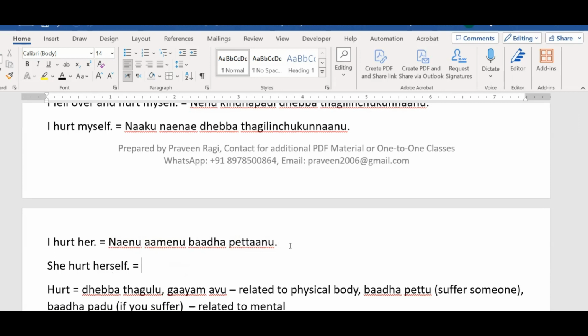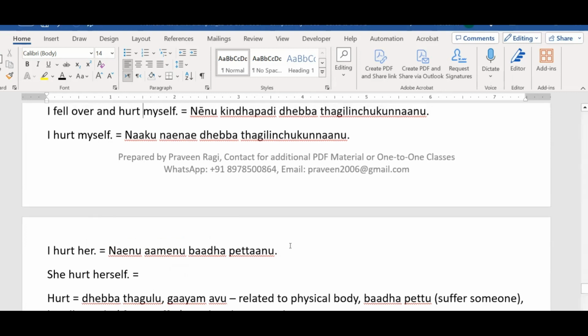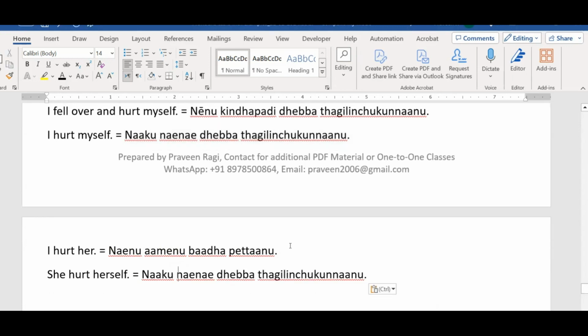So ఆమెకు ఆమెనే దెబ్బ తగిలించుకుంది. She hurt herself. Maybe while cutting vegetables something happened to her, or she fell down. In that case, it is herself, nobody else did it. So ఆమెకు ఆమెనే.